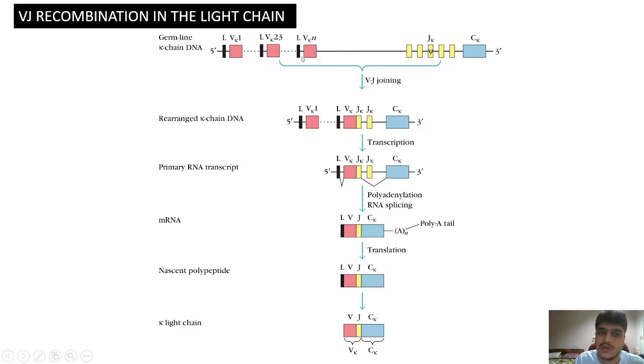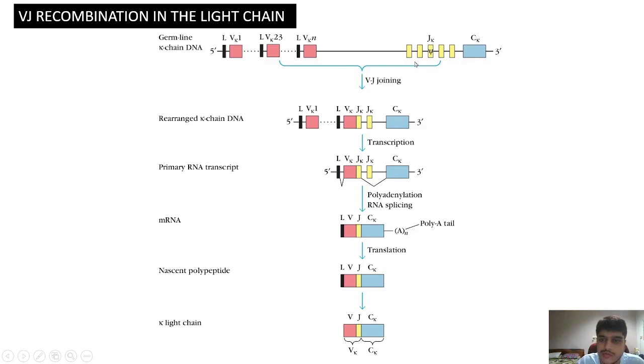So you can join any V segment with any J segment, and always remember this V segment will have a leader segment at the 5' end. This black segment given as L is the leader segment, and I'll tell you the importance of that leader segment.